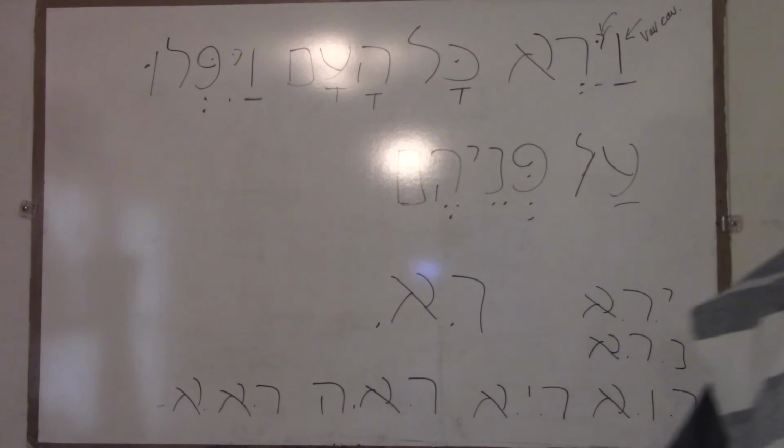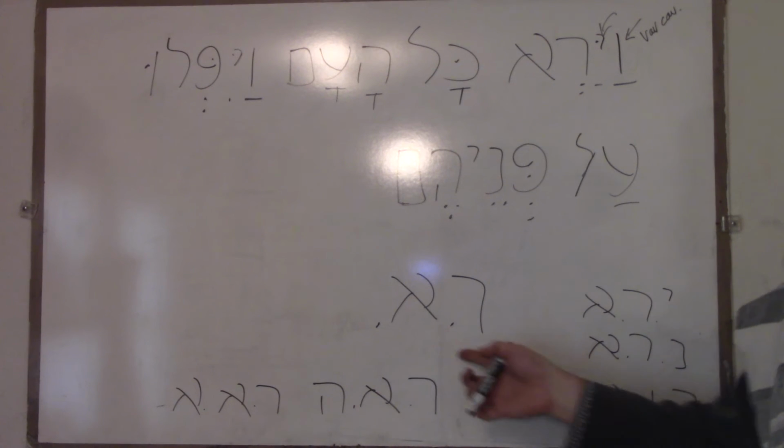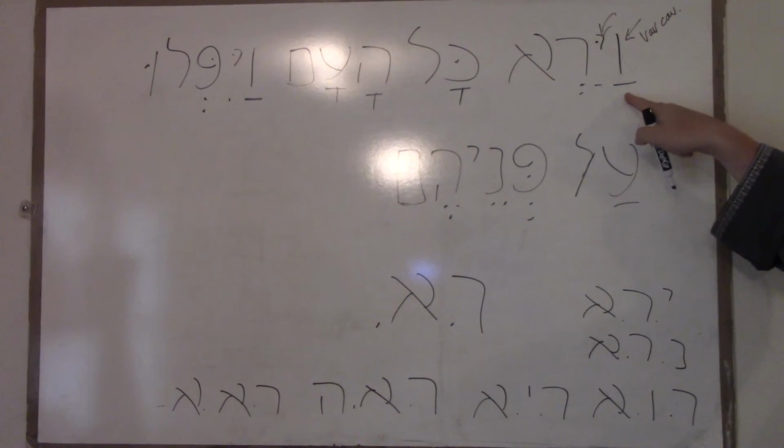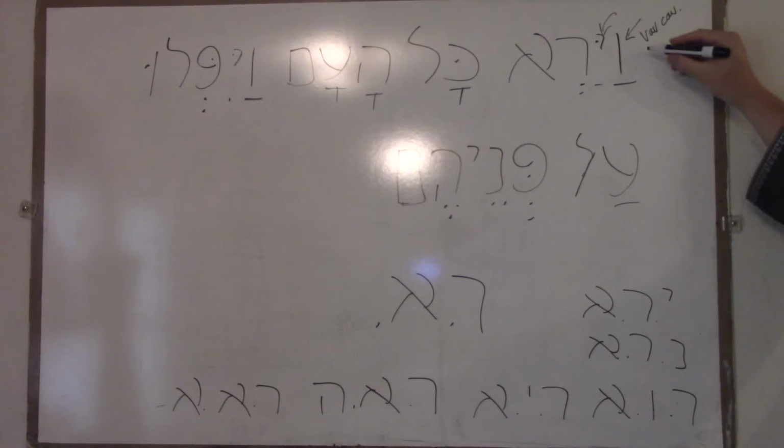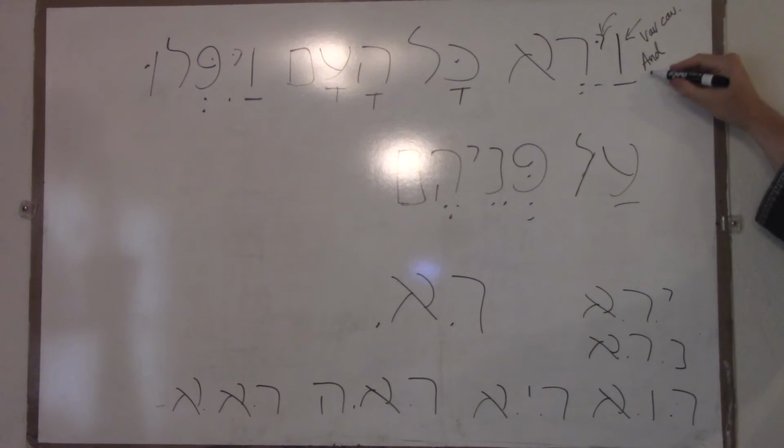This is the process of elimination. When we're trying to figure out a root, we only have two root letters, right? Because we took the vav, we said the vav conversive. This simply just means and it changes the future to become past.